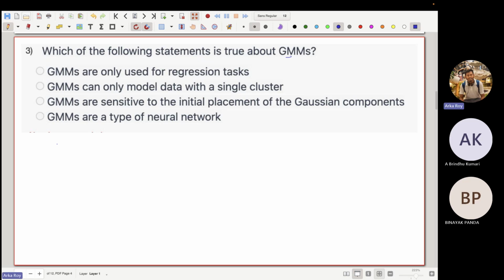For example, if you have a data distribution like this, you can model it using a single Gaussian function, and these are the equal energy contours. But let's say you have data looking like this.